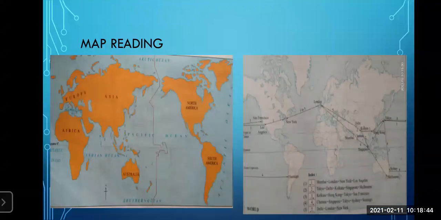Now let's go to the third type. Afterwards we'll go for map filling. So this is the map reading, and this is going to be the last map. One more example: again we are taking a world map. This is from lesson number 7, that is the International Date Line.